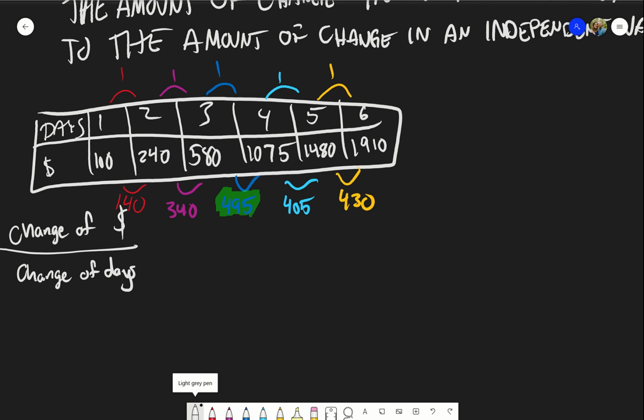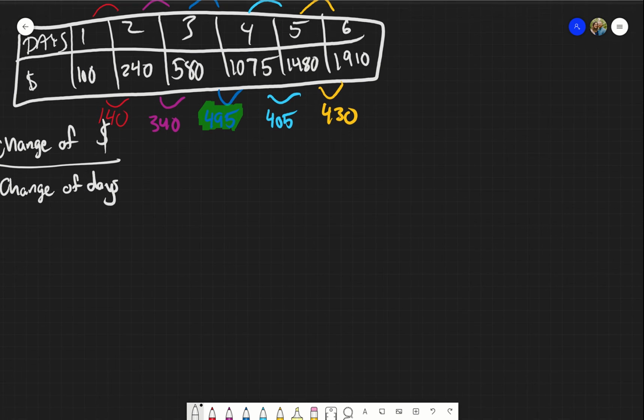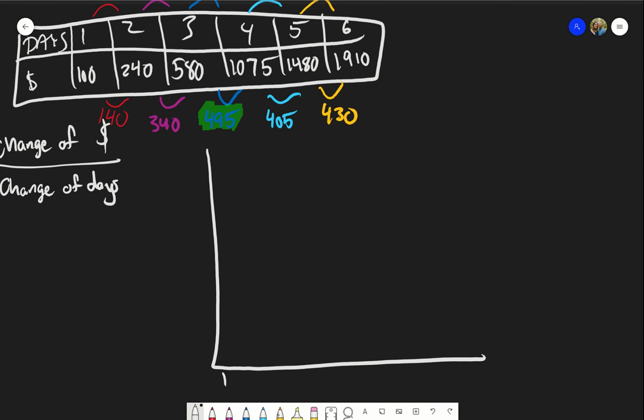If I wanted, I could graph this, and we could see how this all pans out. Day 1, 2, 3, 4, 5, 6, and then we'll go by big gaps of 0, 500, 1,000, 1,500, 2,000.